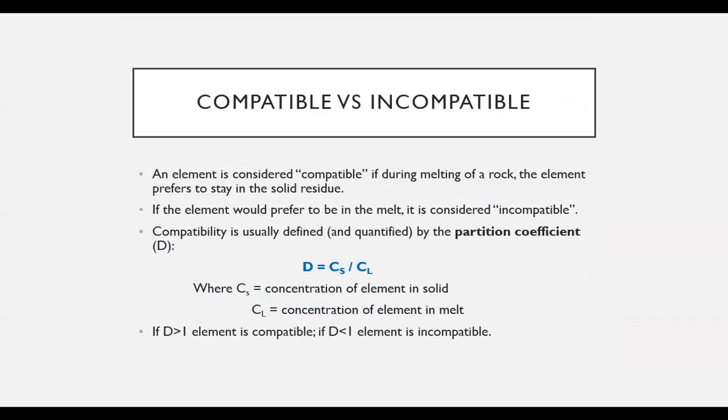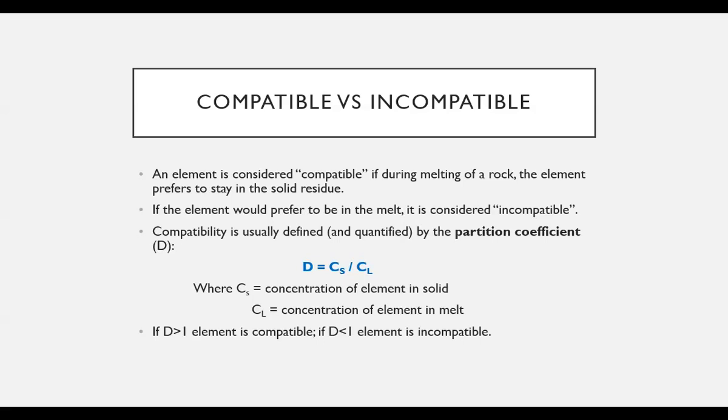So compatibility is just a fancy way of saying if something likes to be in the solid material or in the fluid. It's largely based around magma, but similar processes can apply to looking at it in terms of solids and fluids. So the element that likes to stay in the solid is called compatible.